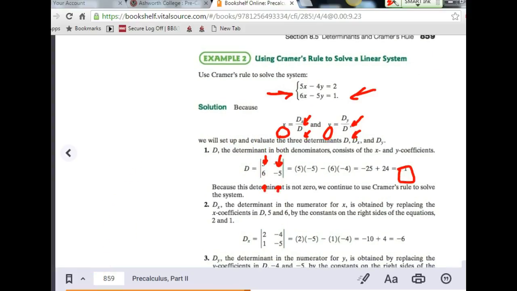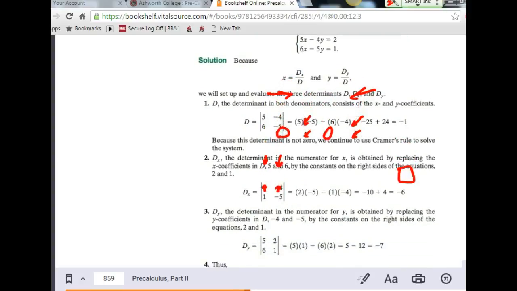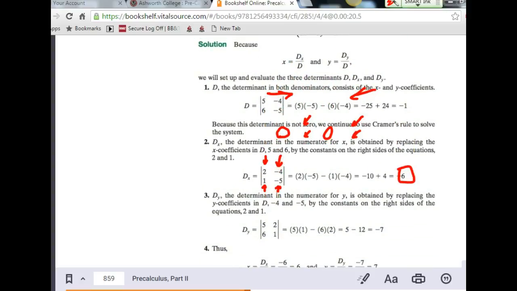Now, if I scroll down here, let me erase some of this. What you're going to see here is that if you want to find the determinant of x, which remember goes in here, then all you're going to do is replace your x values in your regular determinant.